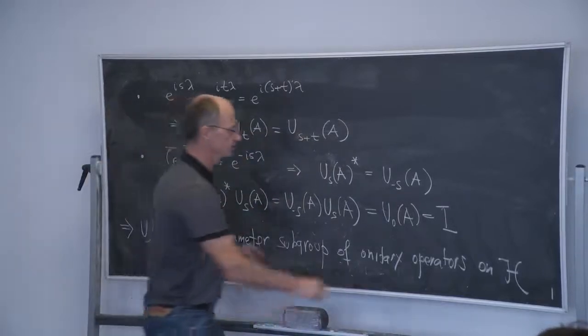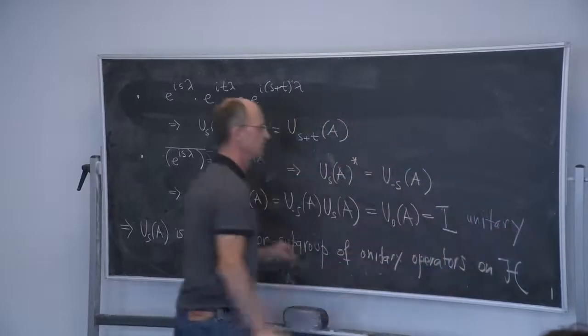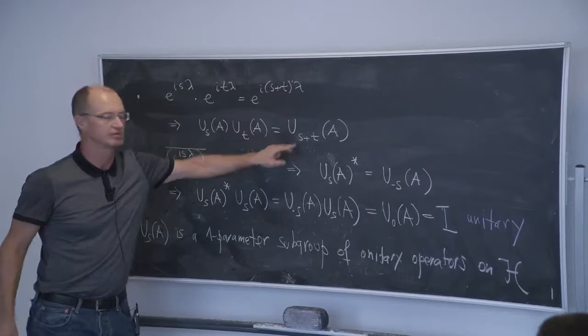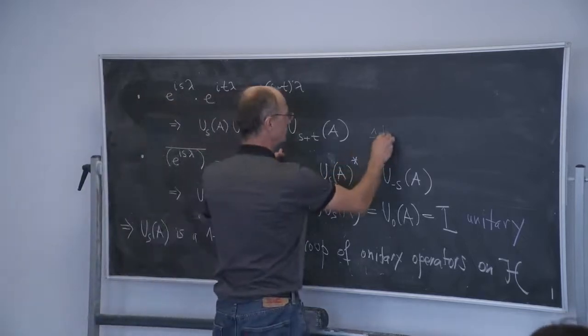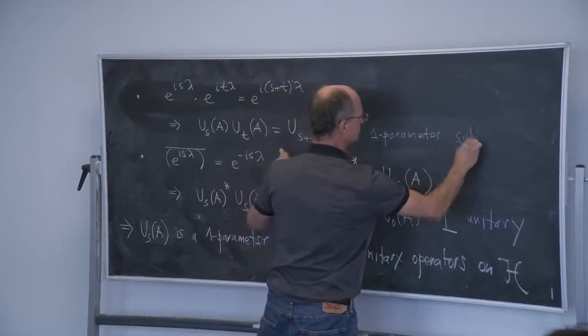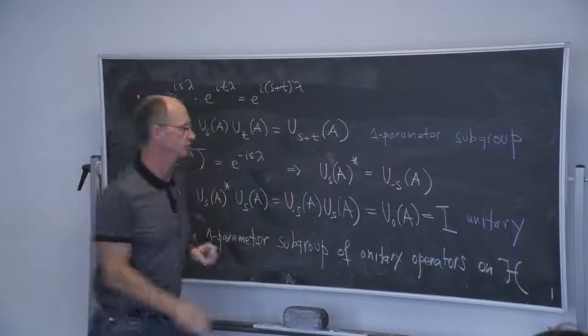So this condition says that it's unitary, and this condition says it's a one-parameter subgroup.